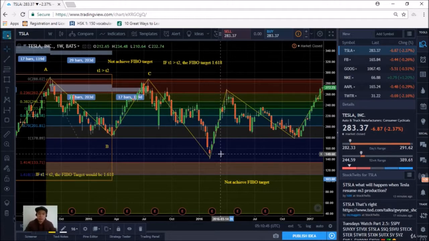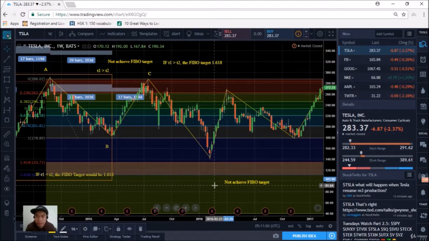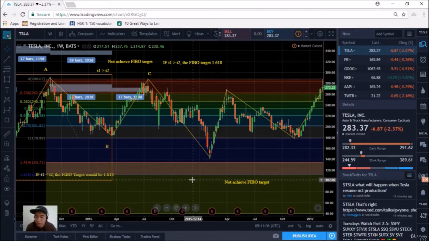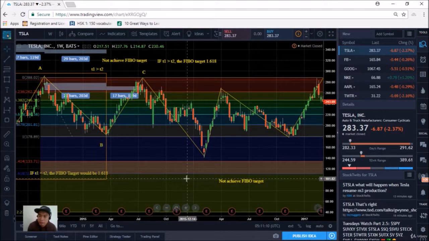Next, what it will do is try to go sideways, because from what we can see, the upward target is not achieved and the downward target is not achieved, then it will go sideways. It's not going downward, but rather it is going sideways.